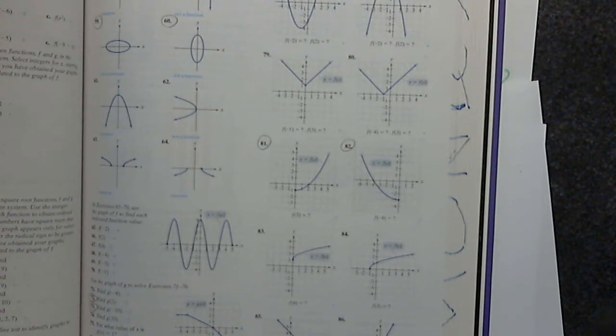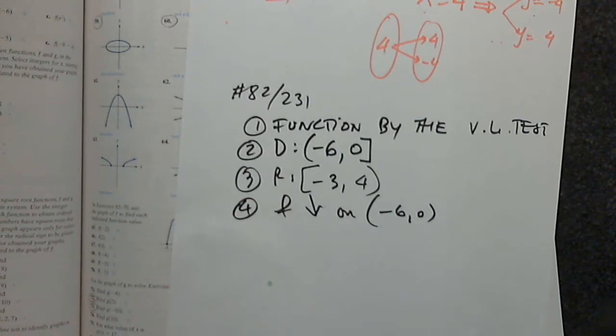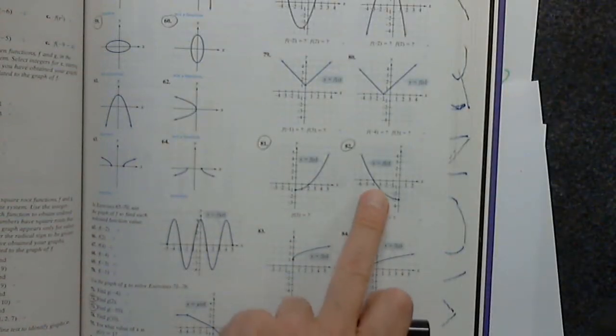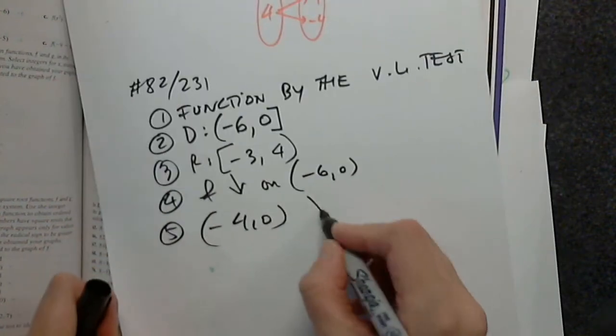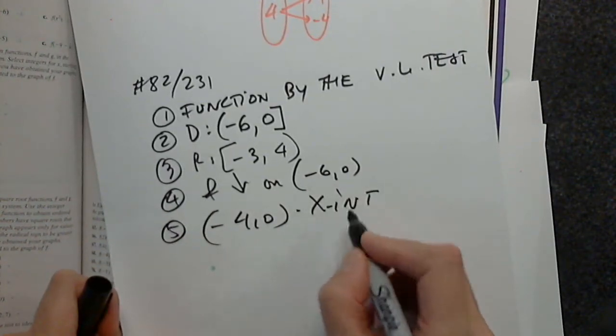Can anyone tell us whether this function crosses the x-axis? Yes. So there is a 0 of the function or an x-intercept. And can anyone give us the ordered pair? -4, 0. Very good. Number 5, -4, 0 is the x-intercept.